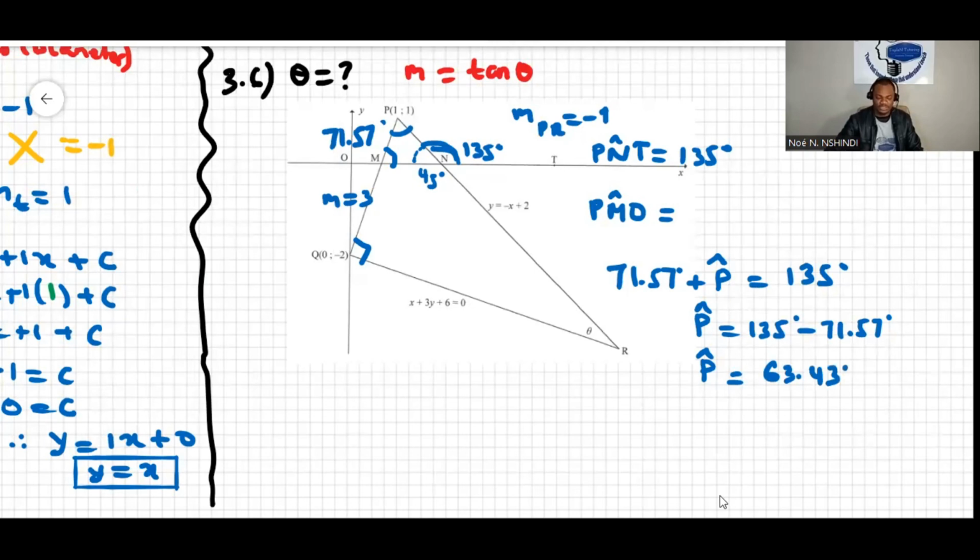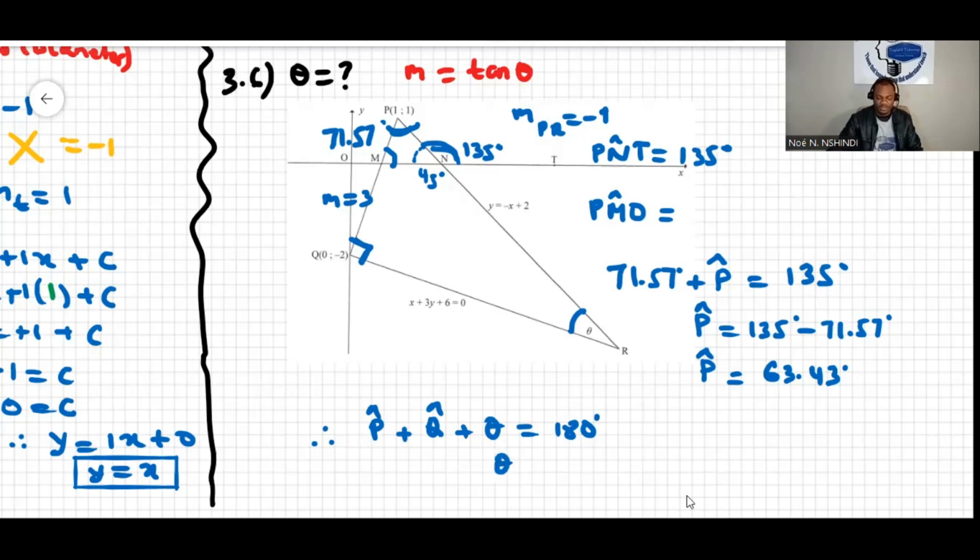Now that we know this angle P, and we know this is 90 degrees, we can find angle theta. Therefore, P plus Q plus theta equals 180 degrees, the sum of the angles in a triangle.